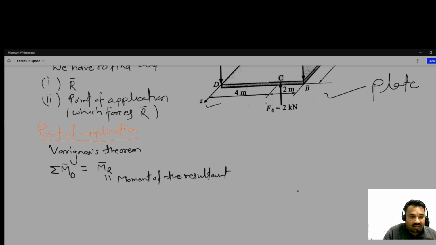Summation of the moments of forces about origin.